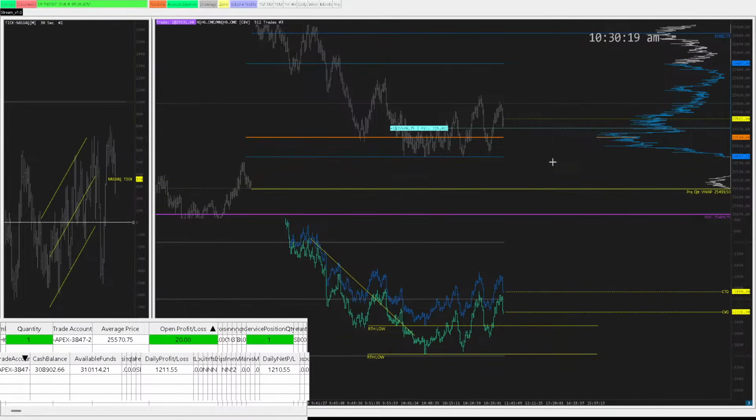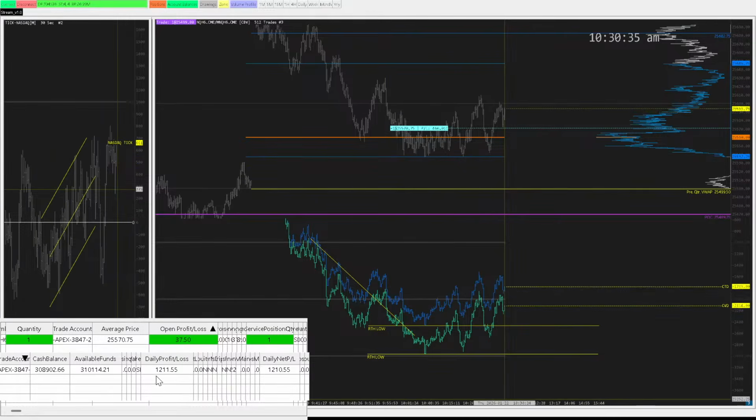I don't think for a second that this is necessarily the bottom. Like I've watched price. Okay, good. So that's the live P&L of the trade and the daily P&L.